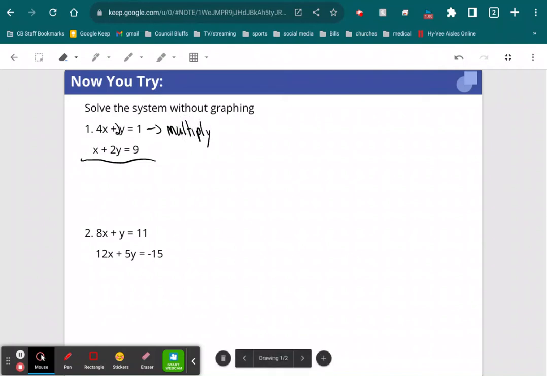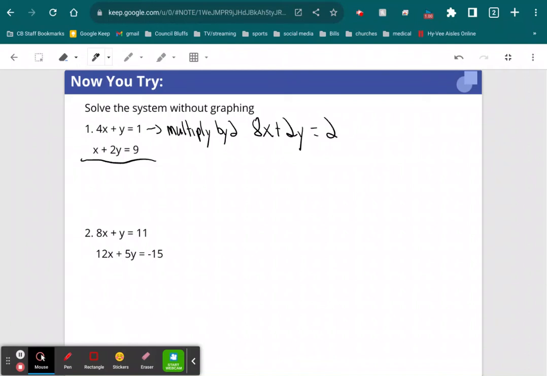If I multiply the first equation by 2, I end up with 4x times 2, which is 8x, 1y times 2 is 2y, and 1 times 2 is 2.